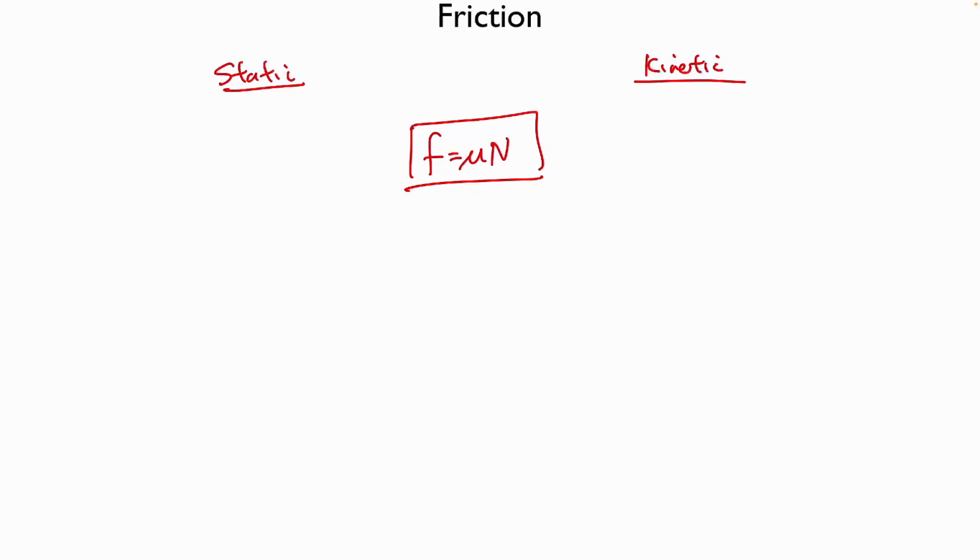What kind of friction acts between your foot and the ground when you take a step? Static? Plant my foot, step forward. What did my foot not do relative to the ground? It didn't move.